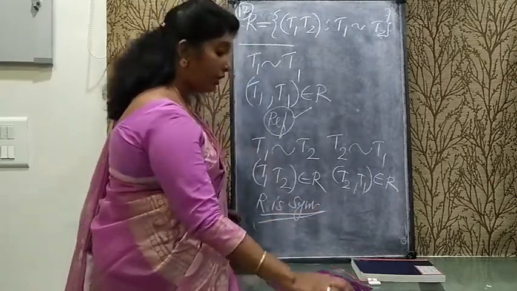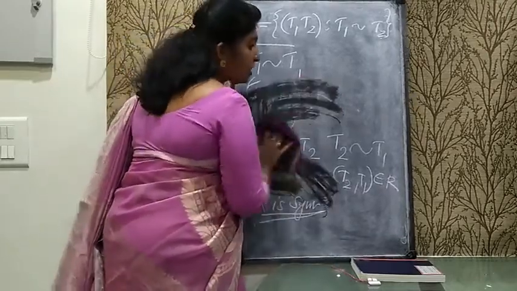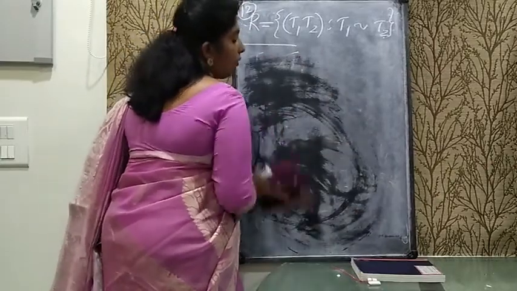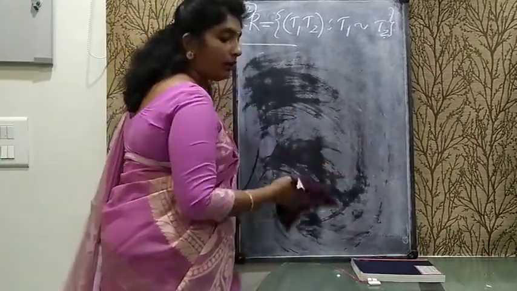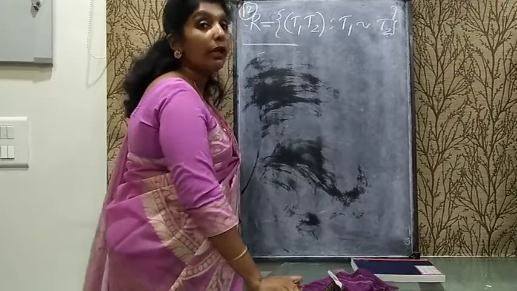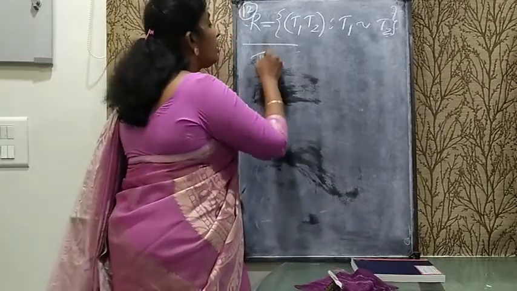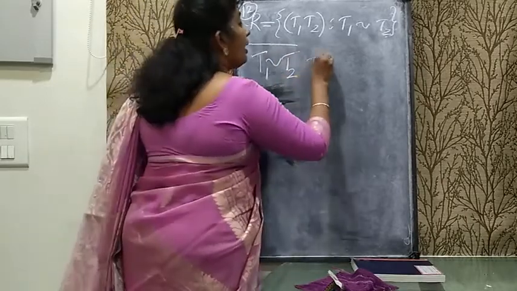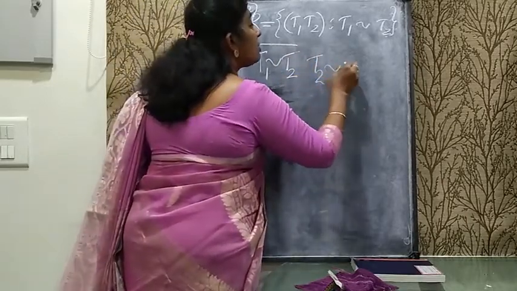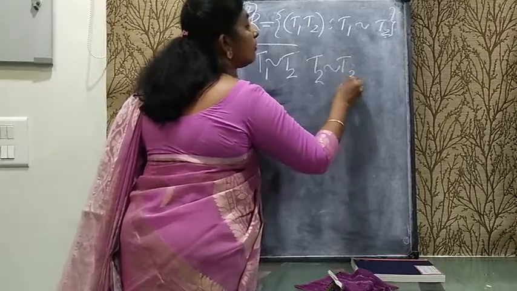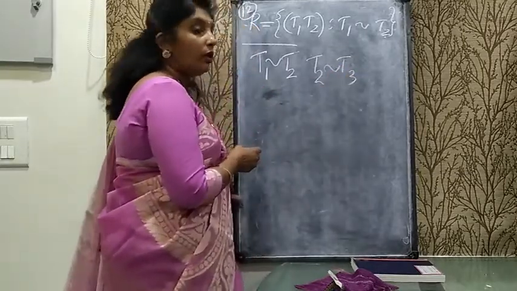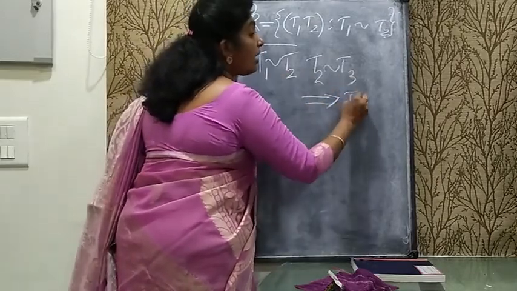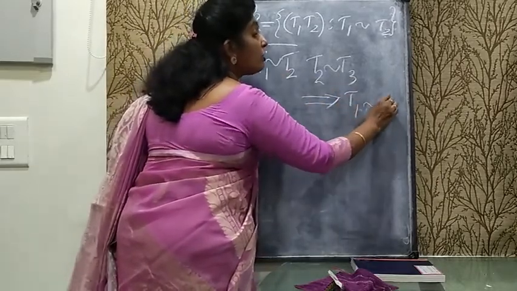Now the third condition. For the third condition, we need to take 3 triangles. So I will take T1, T2 and T3, 3 triangles which are similar to each other. Here T1 is similar to T2, and I will be taking one of the triangles which is similar to T3. Then definitely, students, the first and the third triangle also will be similar to each other.